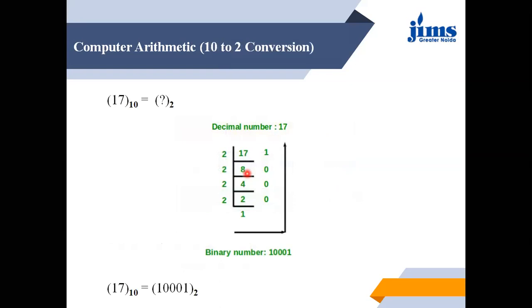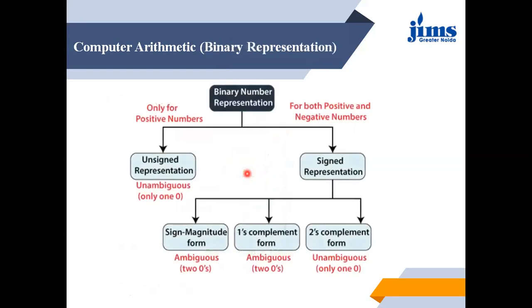Here we discuss the conversion of a number into the binary number system. Now we will see how we can represent binary numbers in different forms. When we divide the binary number system, it can be represented in unsigned representation and signed representation.